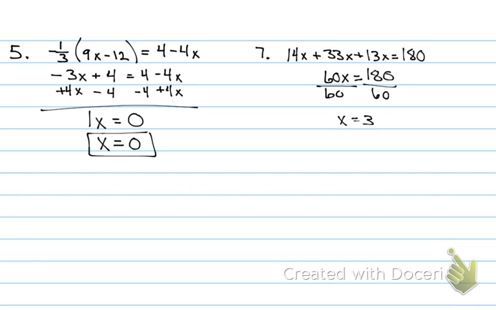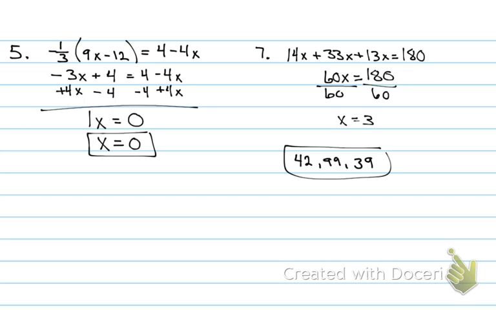Well, the angle measures are not 3. x is 3, and now I have to plug that back in for each angle. So 14 times 3, 33 times 3, and 13 times 3 gives me 42, 99, and 39. And if you were to add all of those together, it does equal 180.